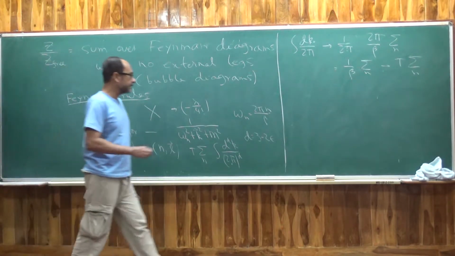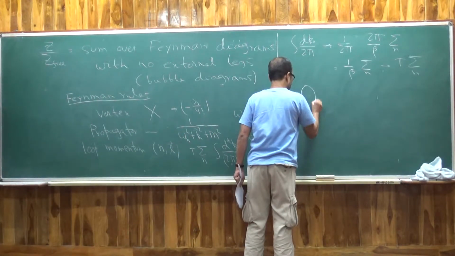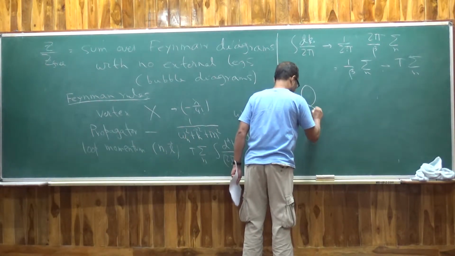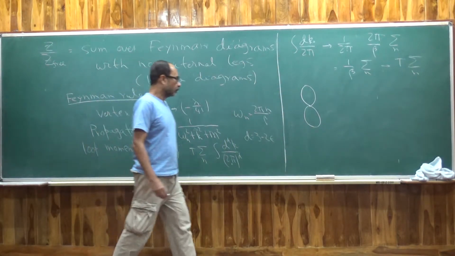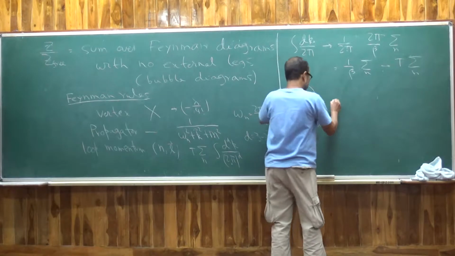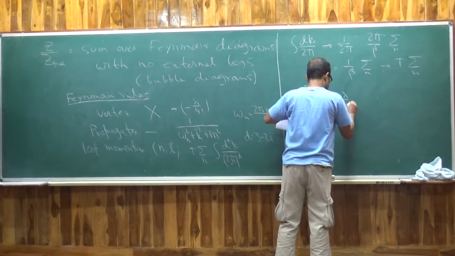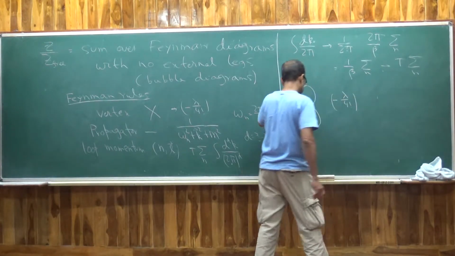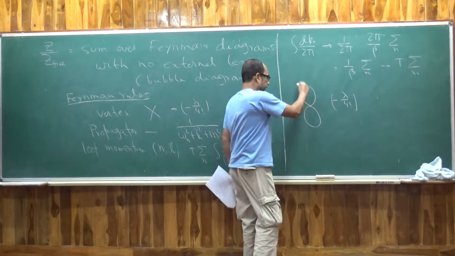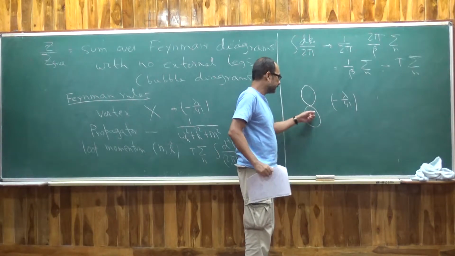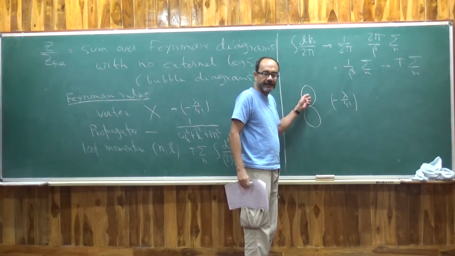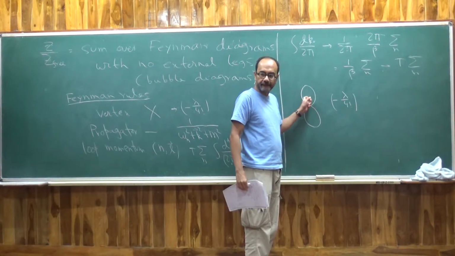Okay, so let's look at this one loop diagram. First of all, this vertex gives a minus lambda over 4 factorial. Now, the two loop integrals are clearly the same, so you can just write the result for one and then square it.